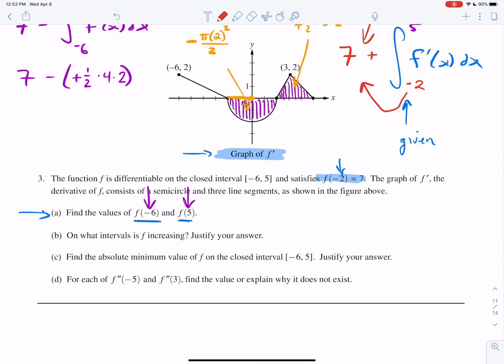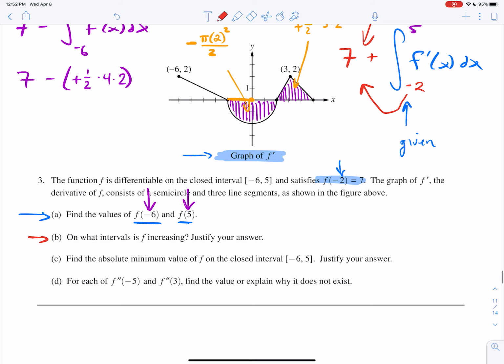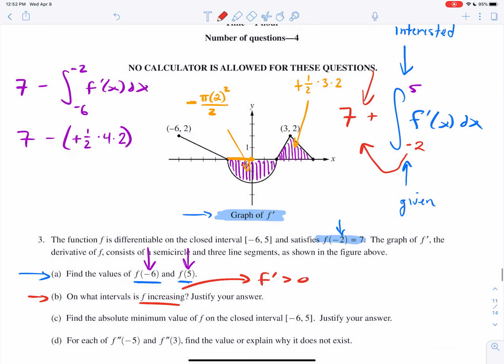Here's part B. On what intervals is f increasing? Okay, very straightforward question. f will increase when f prime is positive. So look, you have the graph of f prime here. Let me get rid of this here so you guys can see it. Where is f prime positive? Pretty much above the x-axis from here to here, here to here, here.